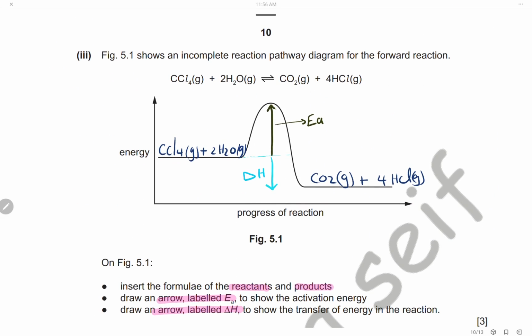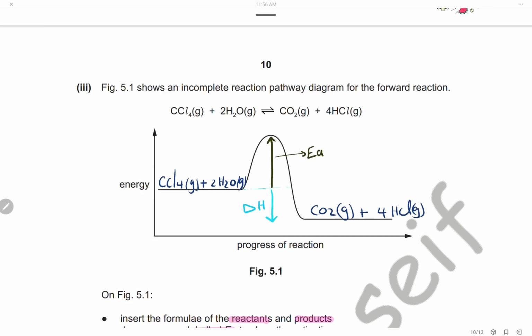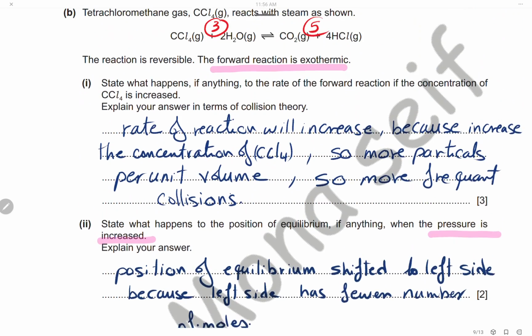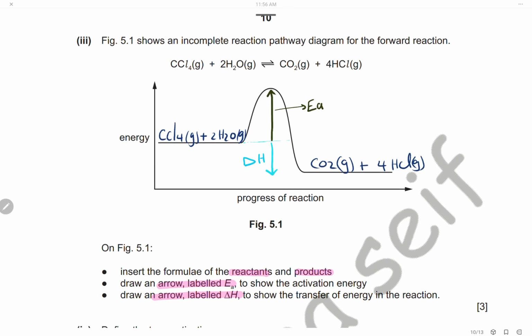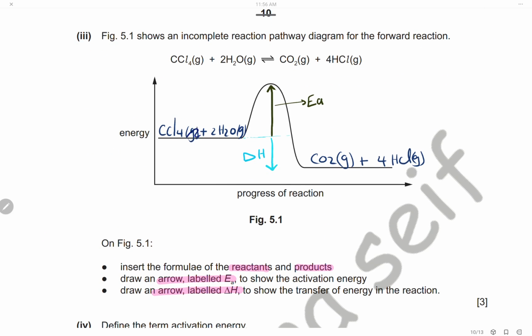Here we have the energy profile diagram. The figure shows the incomplete reaction pathway diagram for the forward reaction. The forward reaction is already mentioned to be exothermic. So in an exothermic reaction, the reactants are at a higher level of energy than the products.